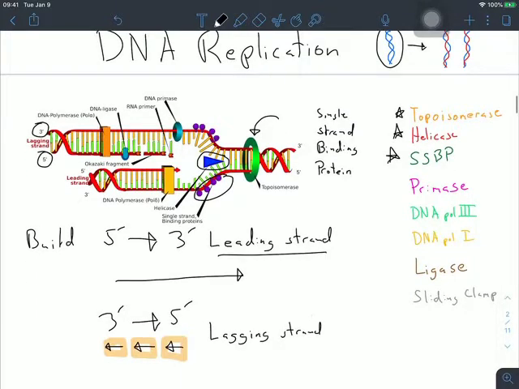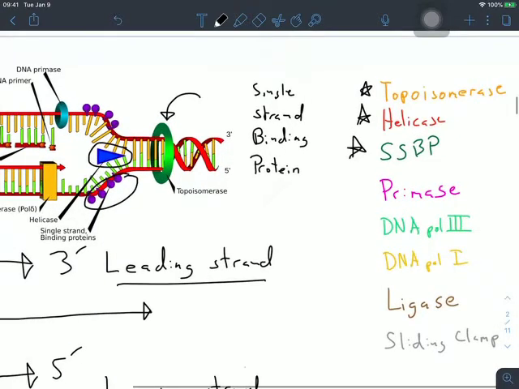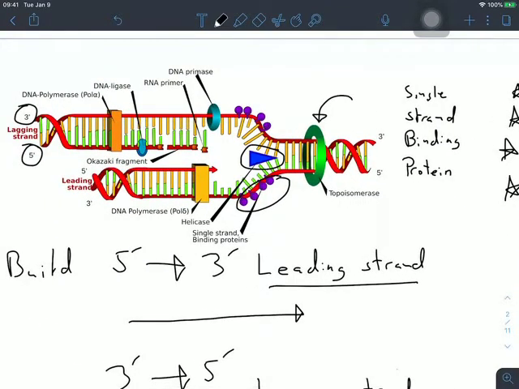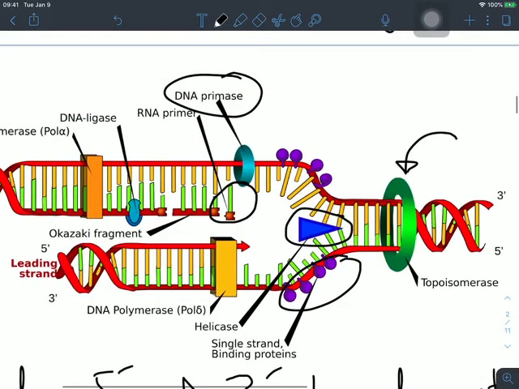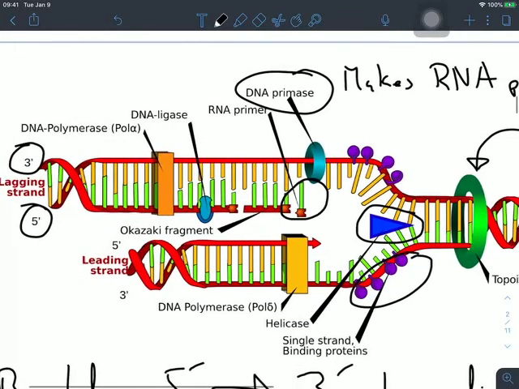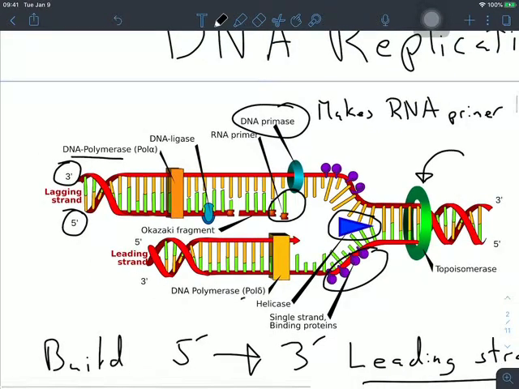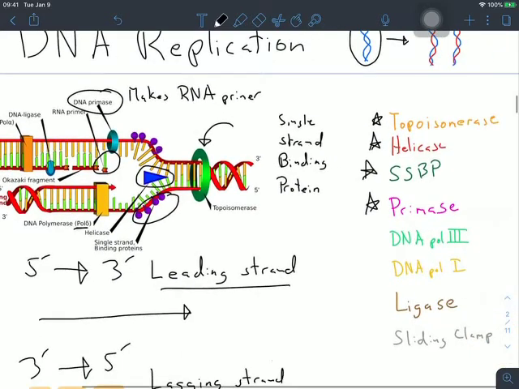Our next enzymes are involved in the replication process. DNA primase is going to be the signaler for our start. So you'll notice that DNA primase is putting down an RNA primer so that way our DNA polymerase, in this case Pol 3, knows where to begin copying.